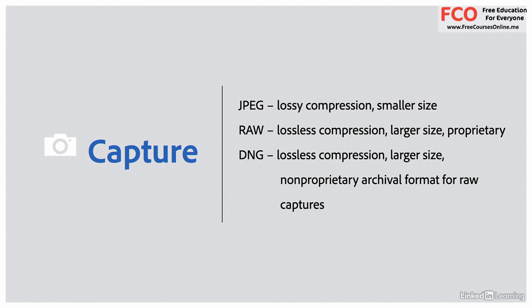And not only do several camera manufacturers capture directly into the DNG format, it's now also available on several mobile devices. In addition, any RAW file from any camera manufacturer can be converted to the DNG file format using Lightroom or Camera Raw or the free Adobe DNG converter.